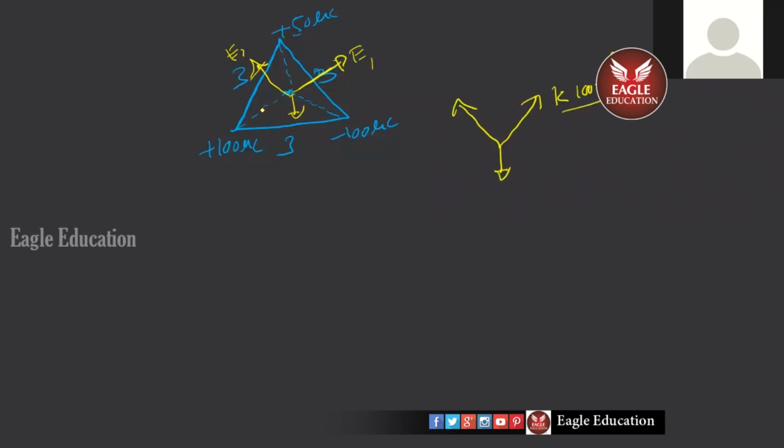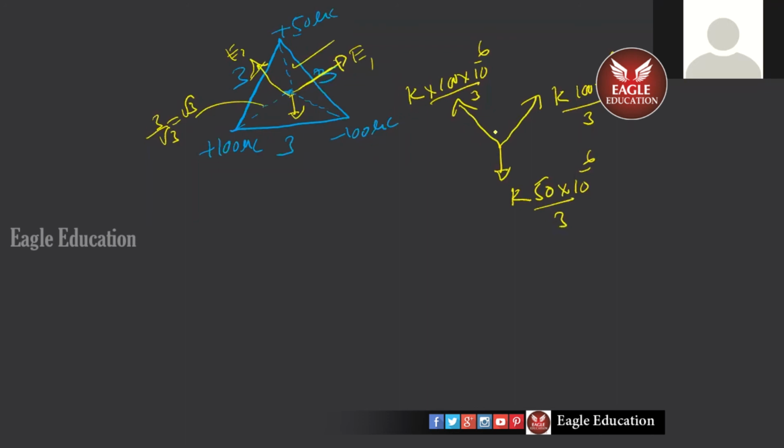If this is 3, what is this distance? 3 by root 3, so that will be root 3. Root 3 whole square is 3. This one is K into 100 into 10 to the power minus 6 by 3 again. This is K into 50 into 10 to the power minus 6 by root 3 square.